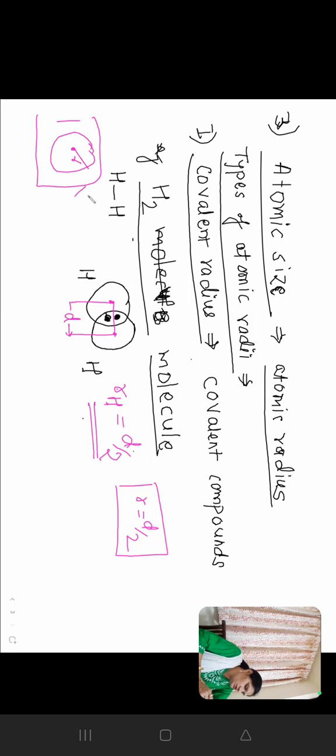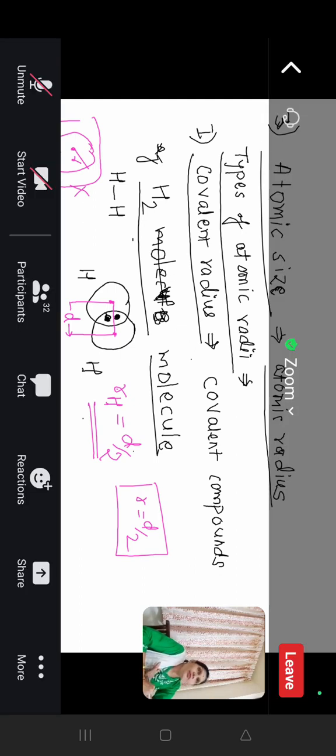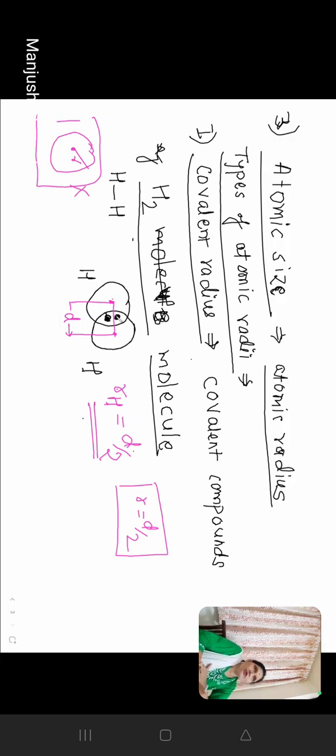That is the main drawback, that is the main difficulty. Because a hydrogen atom can't exist as a single hydrogen atom. Therefore, we have to measure internuclear distance between two hydrogen atoms, and that is possible in the hydrogen molecule. Therefore, we can determine the radius of hydrogen atom like this.